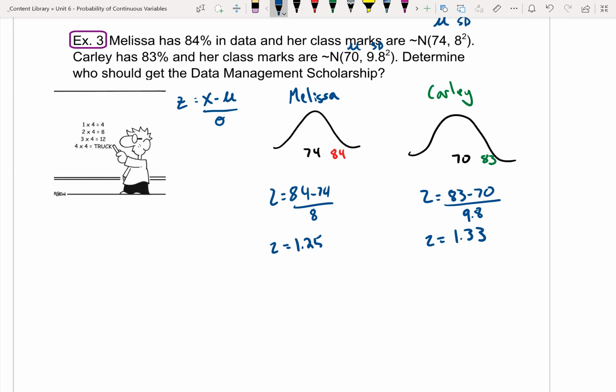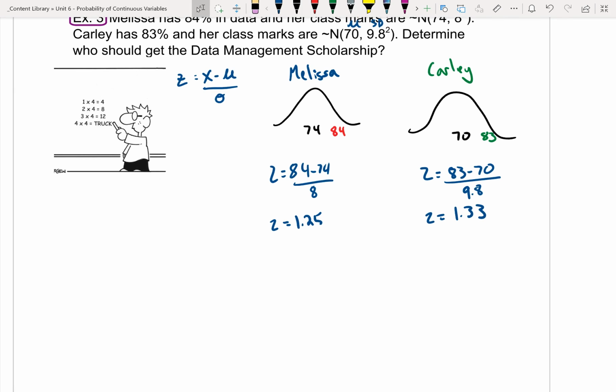So looking at this, Carly has a higher z-score, so her data is farther away from the mean. So Carly has a higher z-score and should get the scholarship because she is farther away from the mean, so her score has more people below it and fewer people above it.